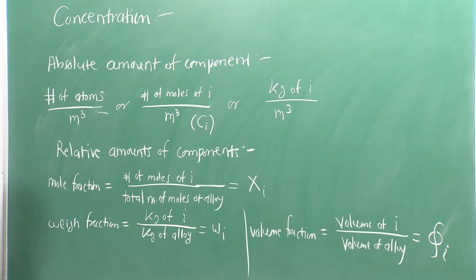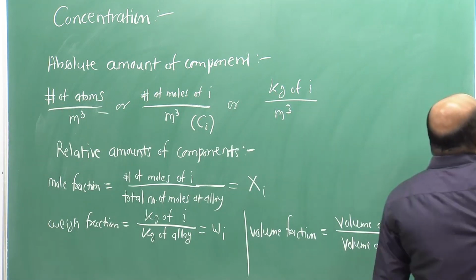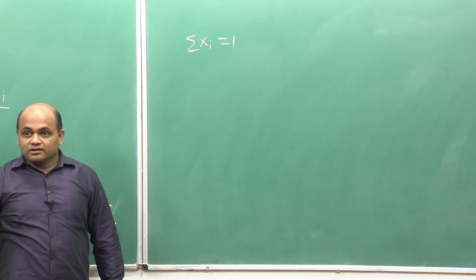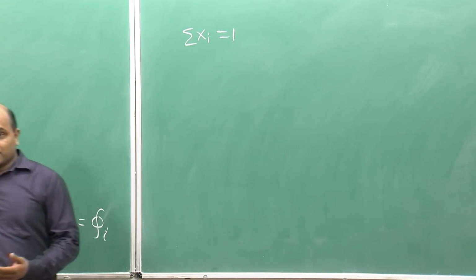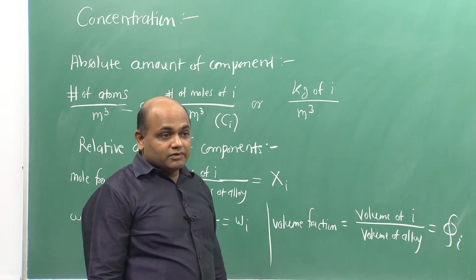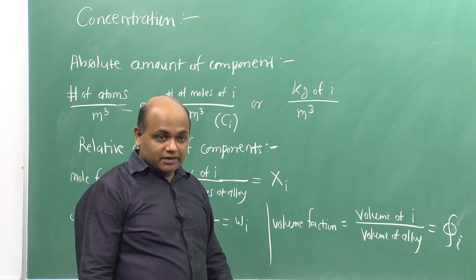Okay. Now, what is the advantage of using these fractions instead of the absolute quantities? Right. So, for any type of fraction, for example, sigma Xi should be equal to 1, which means out of n components, if there is an n component system, only n minus 1 concentration variables are independent, the nth one will be dependent.